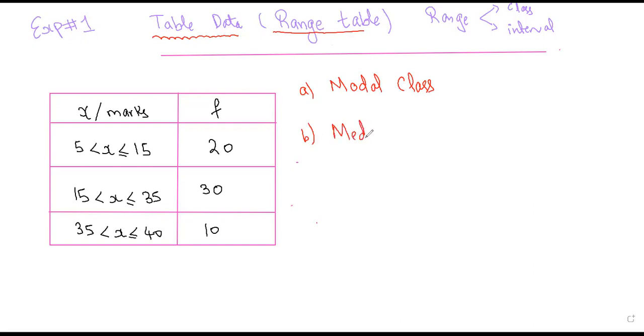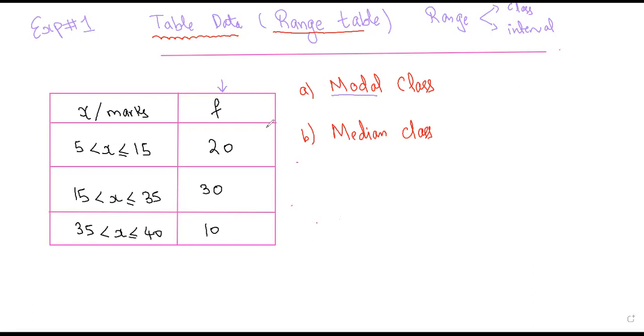Now we'll call it median class. And then I'll write down all the things we need to calculate. Okay. What is the model class? That's very simple. I'll just give you the idea and I want you to answer it. So mod is basically the most repeated or most frequent class.